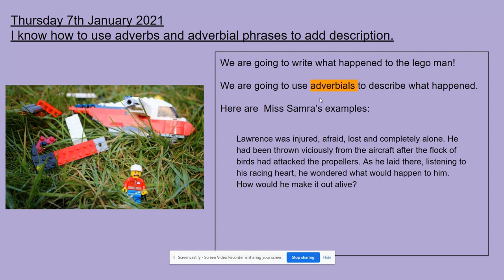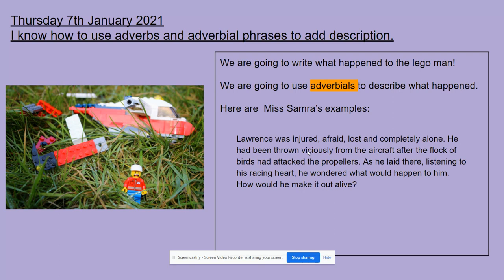So adverbials are just like adverbs, describing the verb, so what's happening. So, for example, he hadn't just been thrown from the aircraft, he'd been thrown viciously. This is an adverb, not so much an adverbial, but it is an adverb. And he had been thrown from the aircraft could have been a simple sentence by itself.